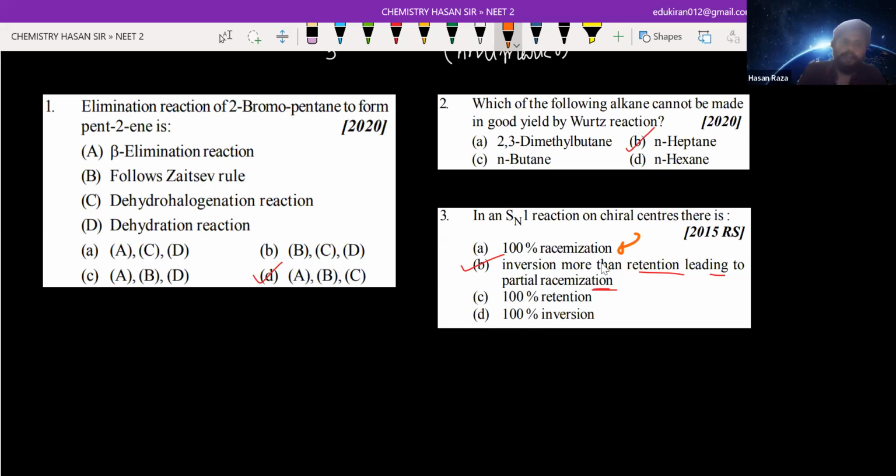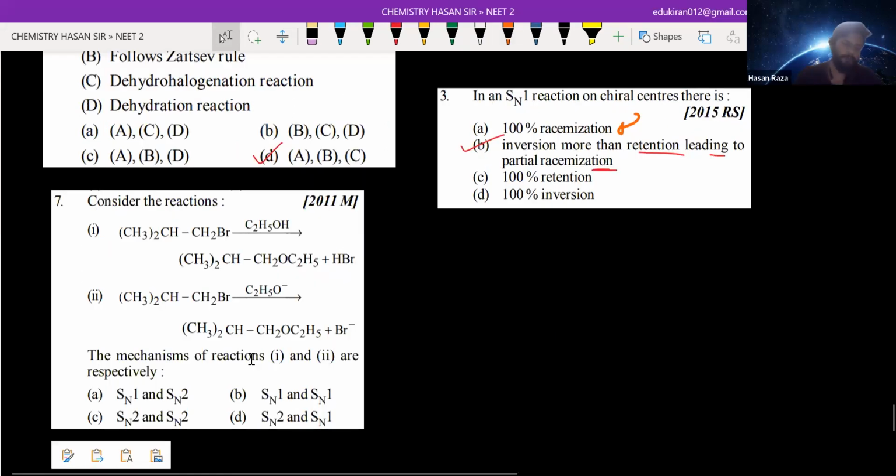According to the reactant or the intermediate that forms, the product will be inversion or retention, that depends on that. Is that clear? So yes, the answer will be partial racemization. Let me know about this.